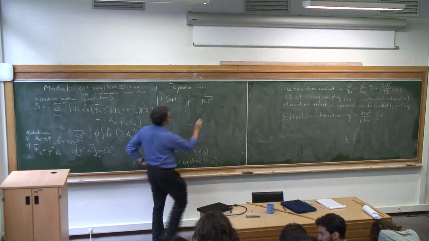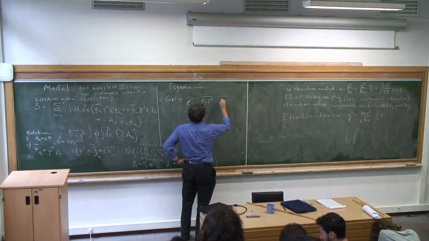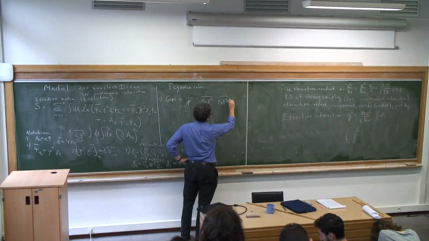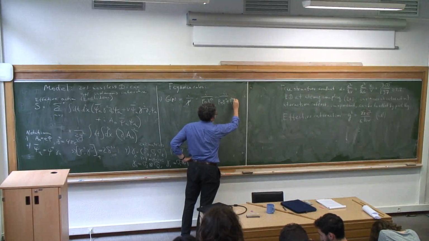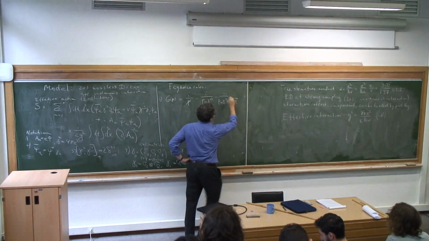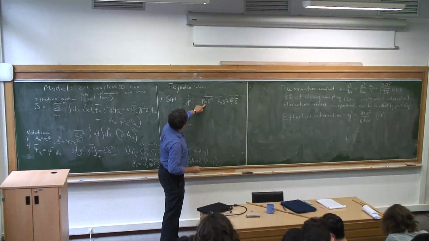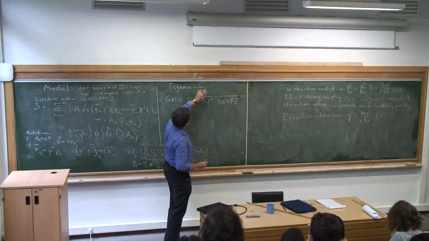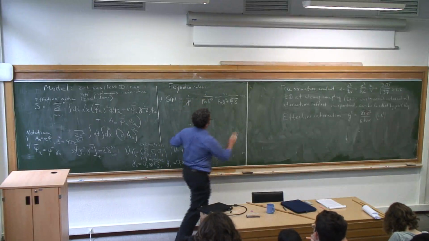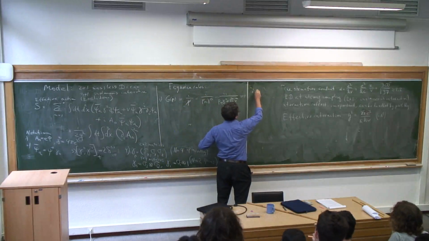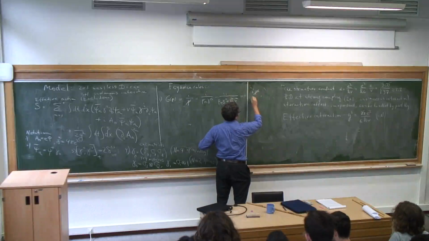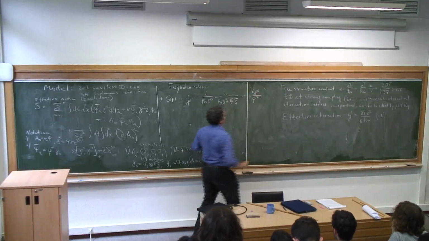Or I can also write it as i over P node gamma node plus 2-dimensional P times 2-dimensional gamma. Or I can also multiply numerator and denominator by the square of the same thing, and then it will look like i P-slash over P squared.